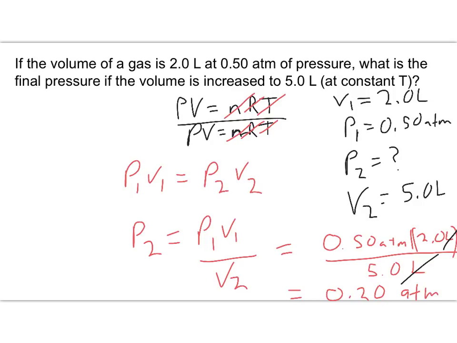And that should make sense. If pressure and volume are inversely proportional, which they are, then if volume goes up, here from 2 to 5, pressure has to go down. And 0.2 atmosphere is less than 0.5 atmosphere.